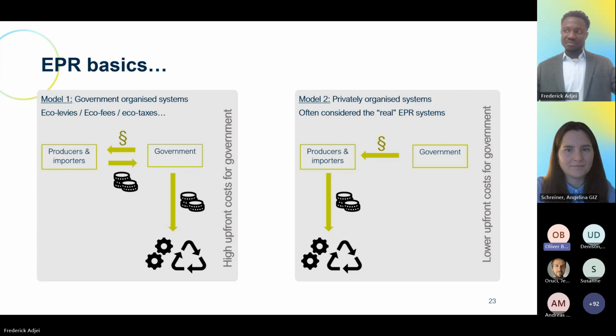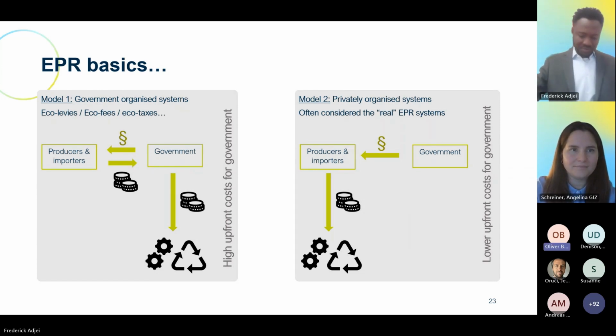Now, this global EPR scheme that we are also proposing creates the same motivation, because if we include eco-modulation schemes into the levies that we are collecting based on the volumes, first, it's a way of getting these producers to reduce the volumes that they are producing.